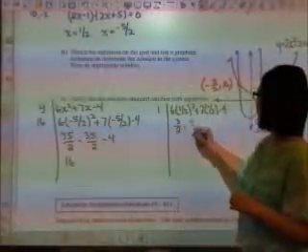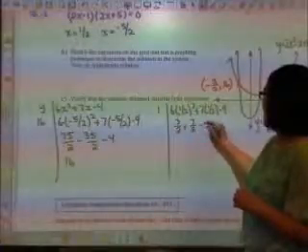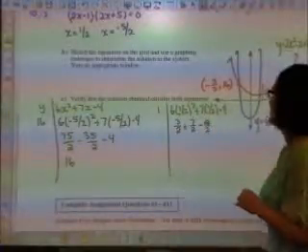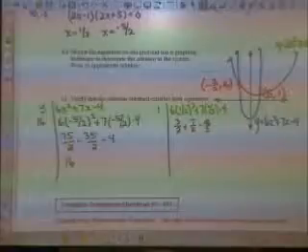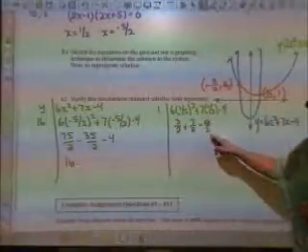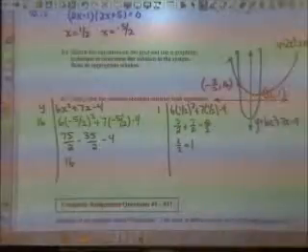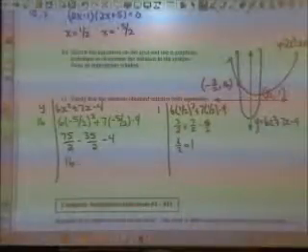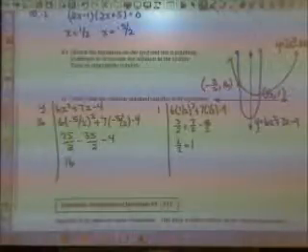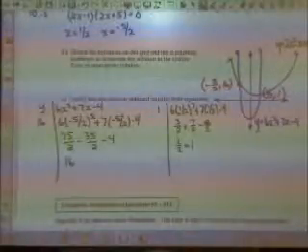So I have 3/2 plus 7/2, which is 10/2, minus 4, which is 8/2, gives me 2/2 or 1. And I would do the same thing with the other equation, but we kind of did that up above when we were solving it, so I'm not going to go through that again.